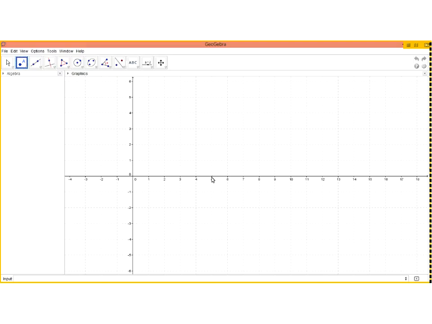So now to graph it, I just connect the dots. Okay, so there's my line.